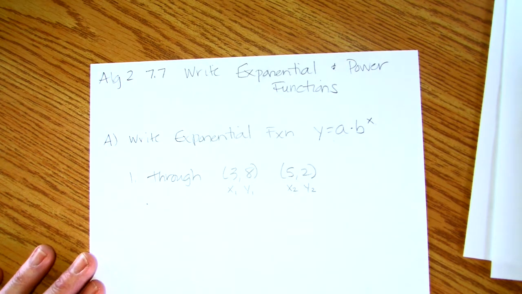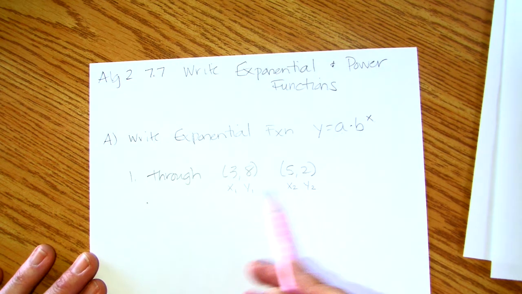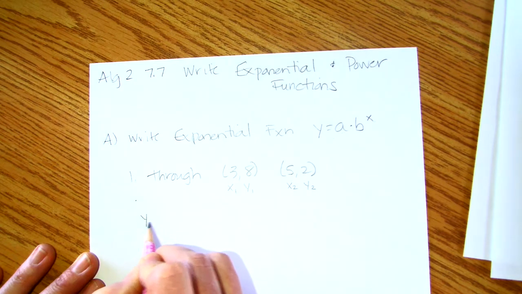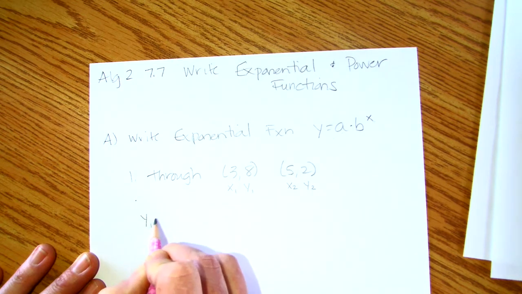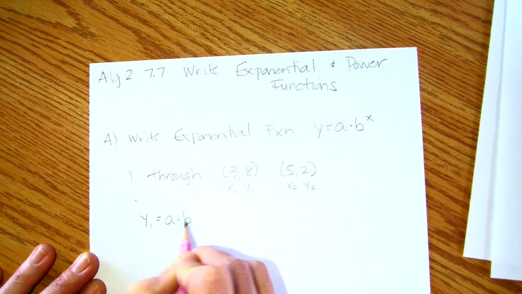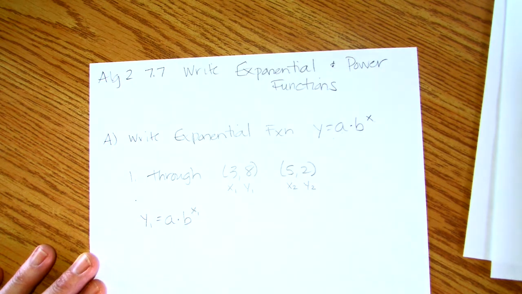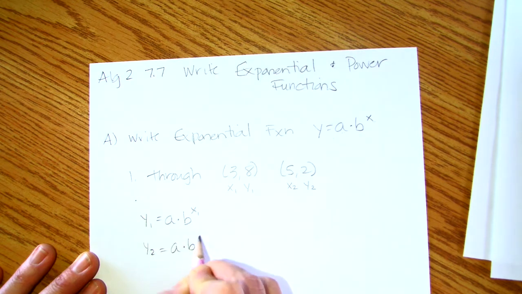Your book then shows you how to do it a little differently. I like to write a proportion. So for example, if I have y1 equals a times b to the x1, and y2 equals a times b to the x2.